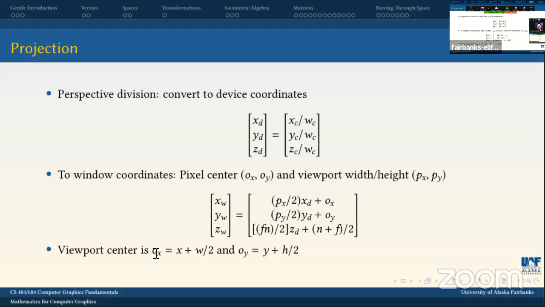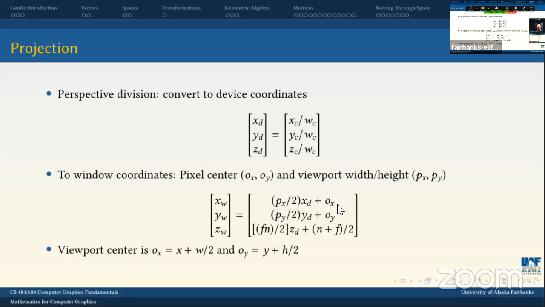And you'll notice that OX, we say that that's the same thing as X plus W over 2. So X is normally 0. And so W over 2 would be, 1920 divided by 2 is 960. Basically what we're doing is saying, take the width over 2 and multiply that by our X, and then add the center of the screen.